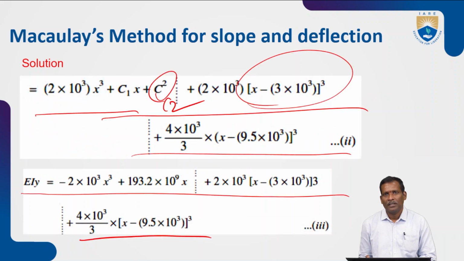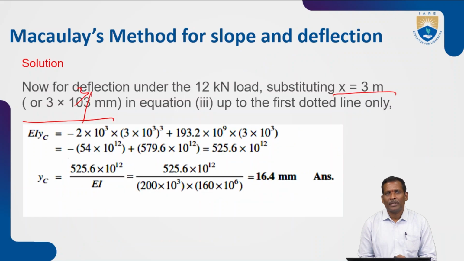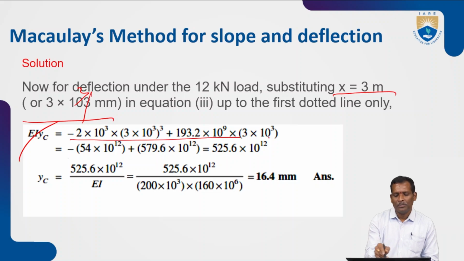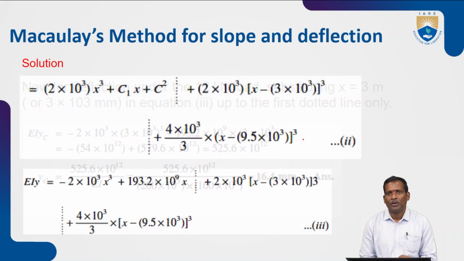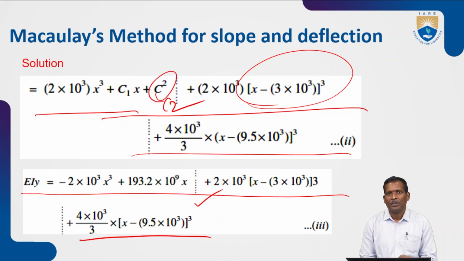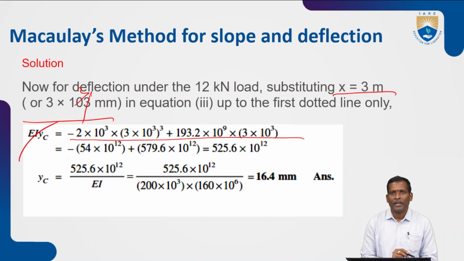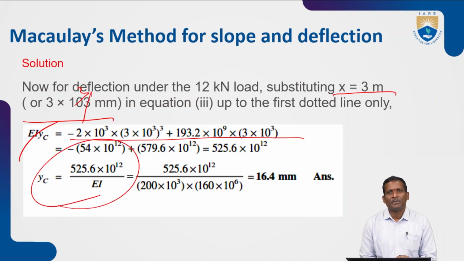So you will get the deflection under the 12 kilonewton load: EI yC is equal to, up to the dotted line, 2 into 10 cube into x cube plus 193.2, that is C1, and substituting the remaining values, you will finally get the deflection under load C, that is 12 kilonewtons, in terms of EI.